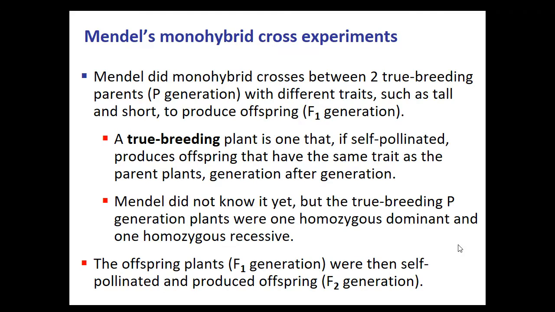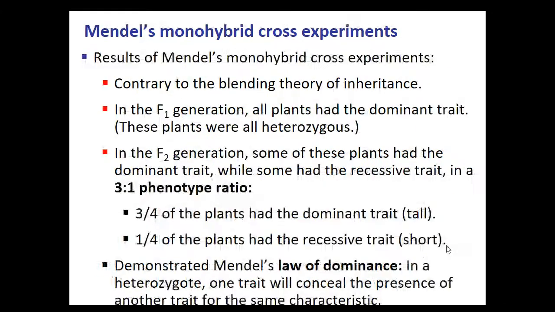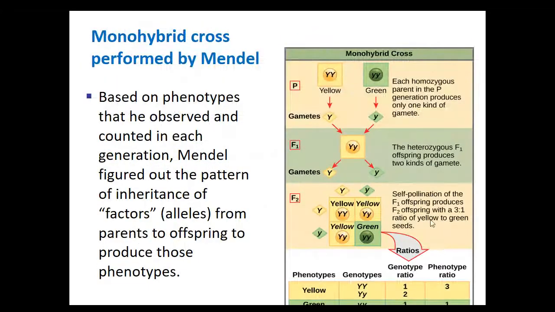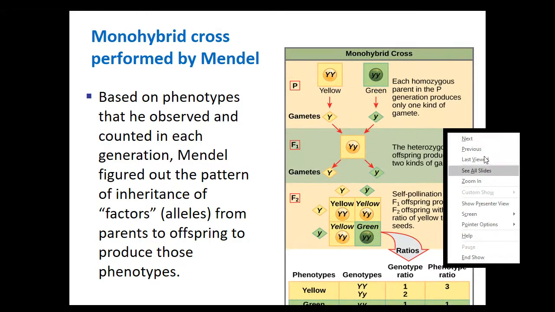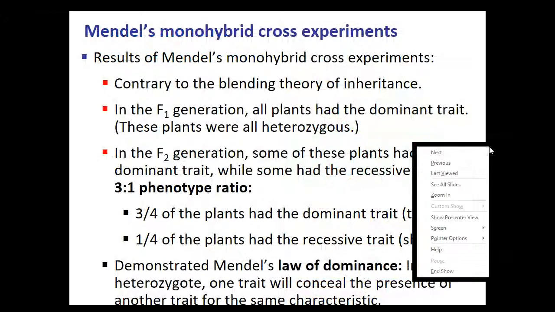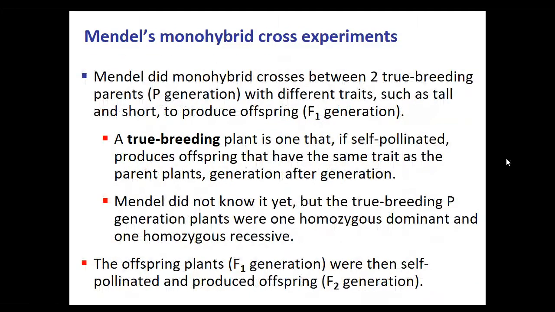So if this was a genotype of a plant, big Y, and big Y is for yellow, little y is for green.